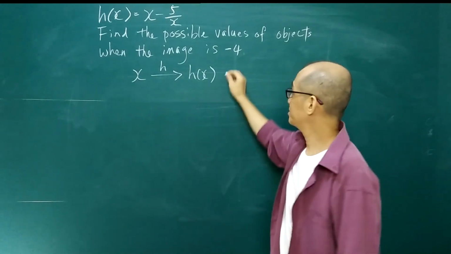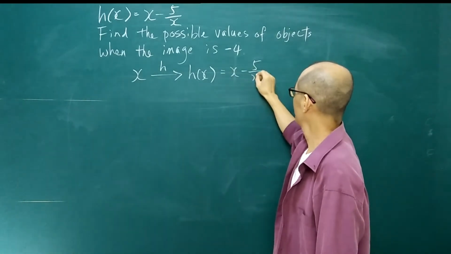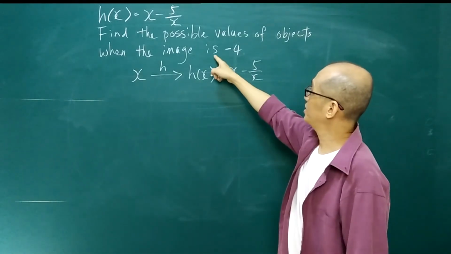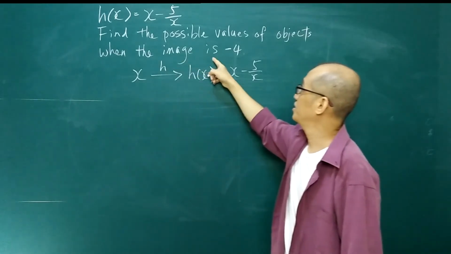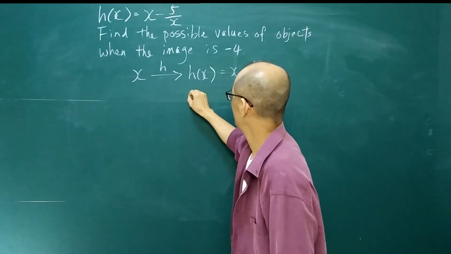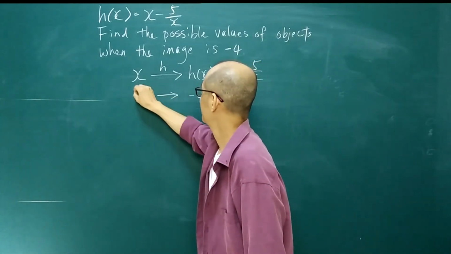And what is h(x)? It is x minus 5/x. And we are given by the question that the image is -4. So here, the image is -4. And we want to find the value of x.